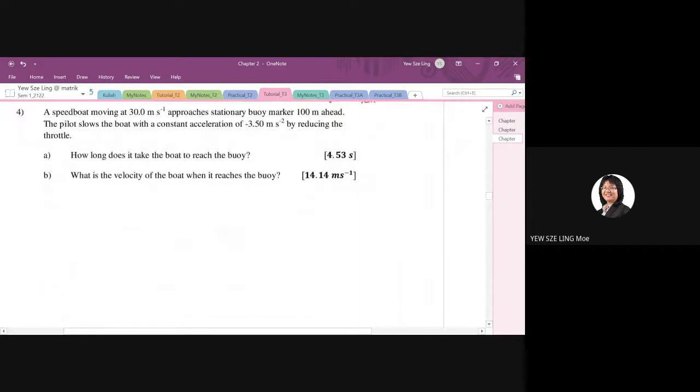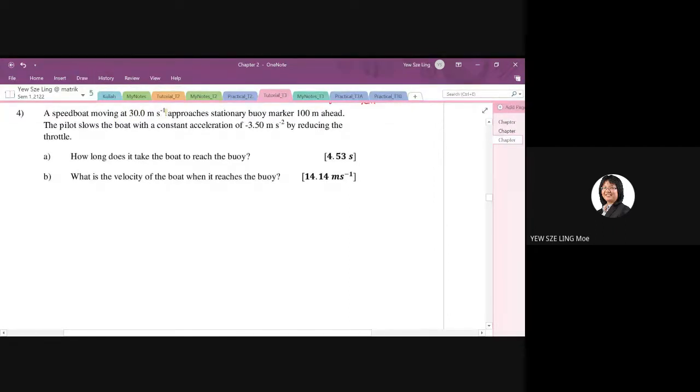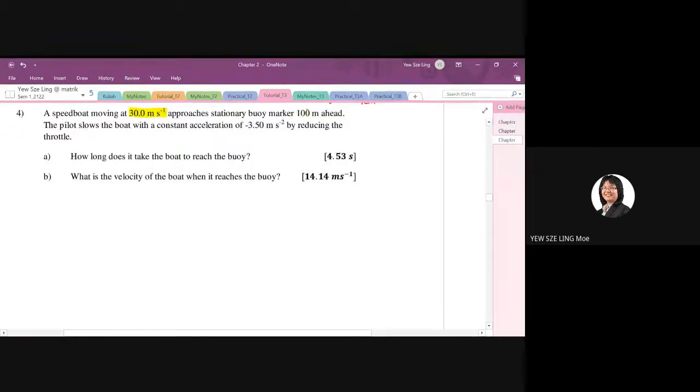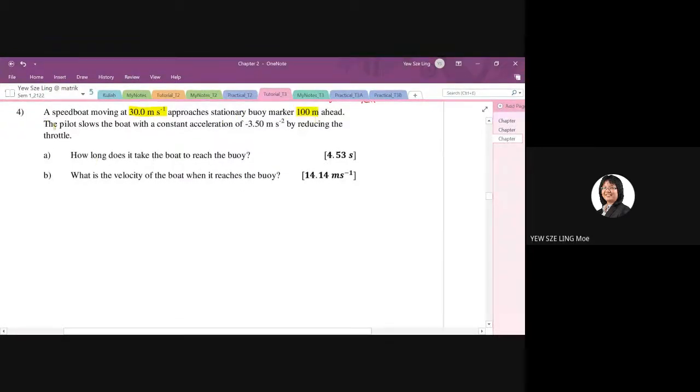Okay, so next one, a speedboat. This question is very similar to the previous question. A speedboat is moving at 30 meter per second, approaching a stationary buoy marker 100 meter ahead, and the pilot slows the boat with a constant acceleration.